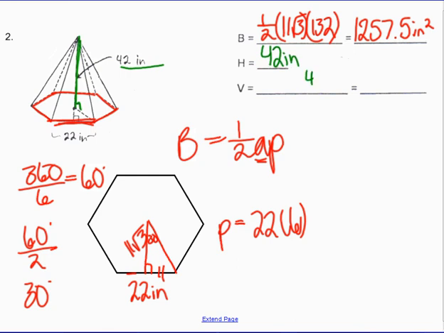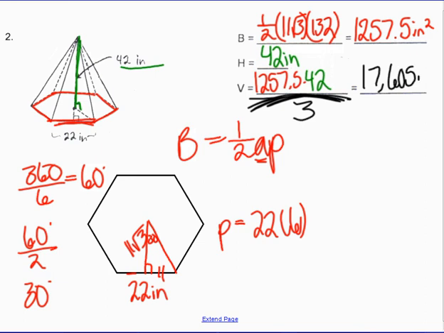So I'm going to take those two numbers and multiply them, and I will not forget to divide that by 3. So I get 17,605 cubic inches as my volume.